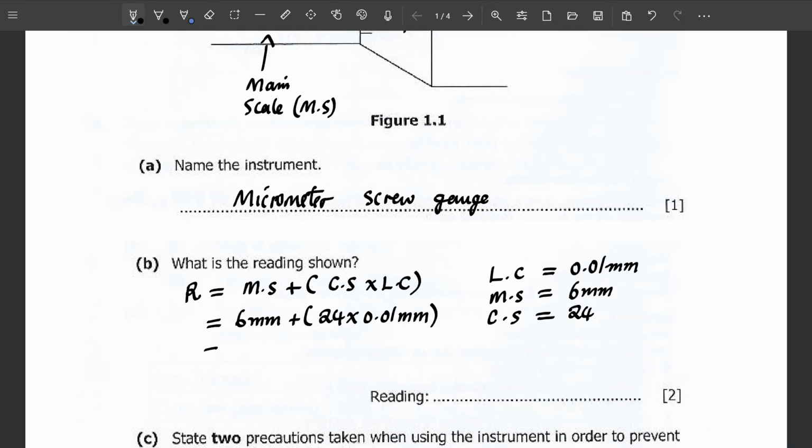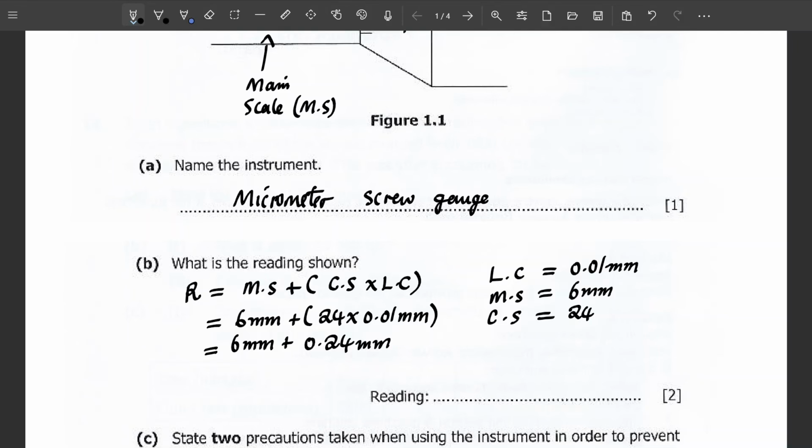Then you will evaluate what is in the brackets. You'll say 6 millimeters plus 24 times 0.01 millimeters, you get 0.24 millimeters.